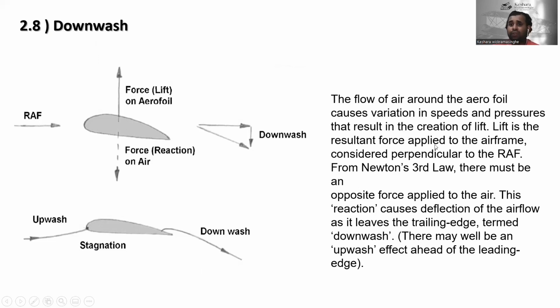Lift is the resultant force applied to the airframe considered perpendicular to the relative airflow. From Newton's third law, there must be an opposite force applied to the air. These reactions cause deflections of the airflow as it leaves the trailing edge, termed downwash. There may well be an upwash effect ahead of the leading edge.